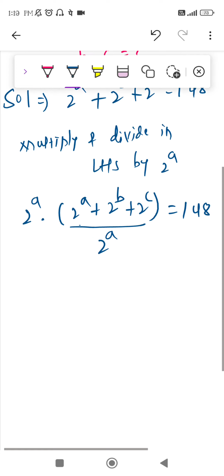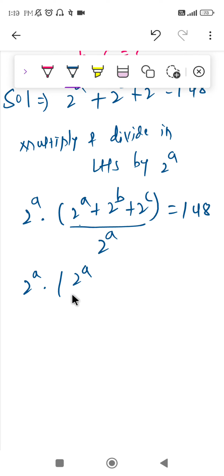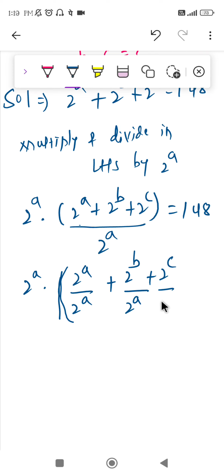And separating the variables, 2 to the power of a divided by 2 to the power of a, plus 2 to the power of b divided by 2 to the power of a, plus 2 to the power of c divided by 2 to the power of a is equal to 148, right?